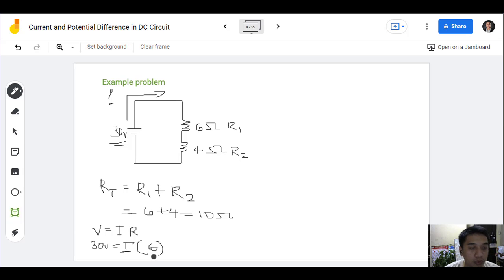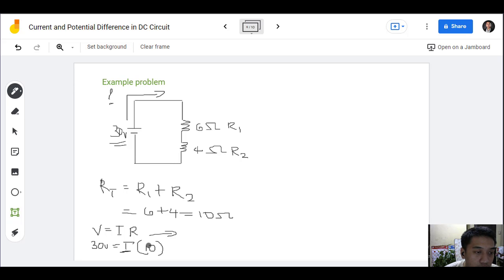Para malaman natin yung voltage drop, no? Since 6 yung una natin, then we add 4, so that would be equivalent to 10 ohms.